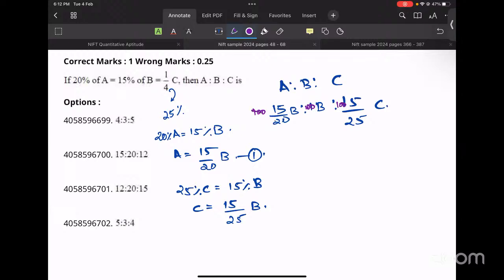When you cancel, you will be getting 75 is to 100 is to 60. Now you can divide throughout with 5, or take a 5 common. So that is equal to 15 is to 20 is to 12. This is the right answer.